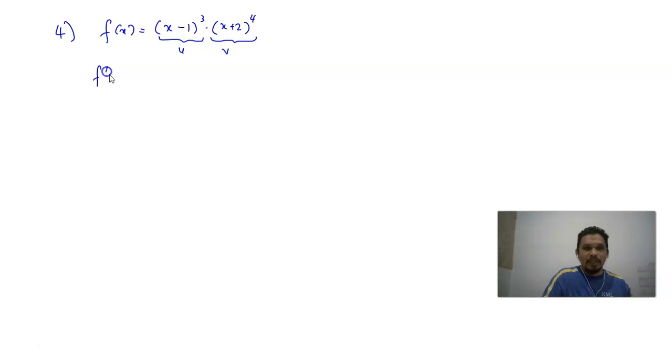So f prime x equals u prime v plus u v prime. The proper one in the book is v prime u plus u v prime, still the same. Let u equal (x minus 1) cubed and v equal (x plus 2) to the power of 4.